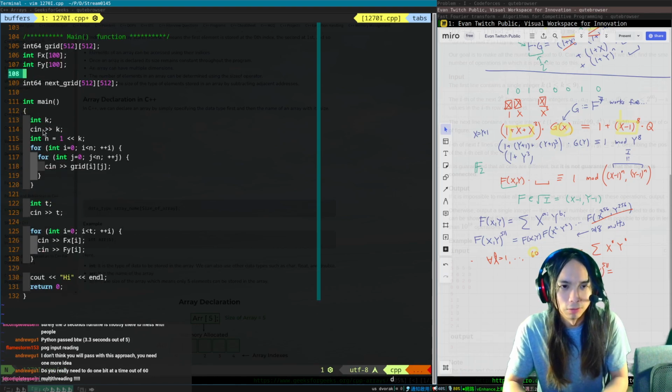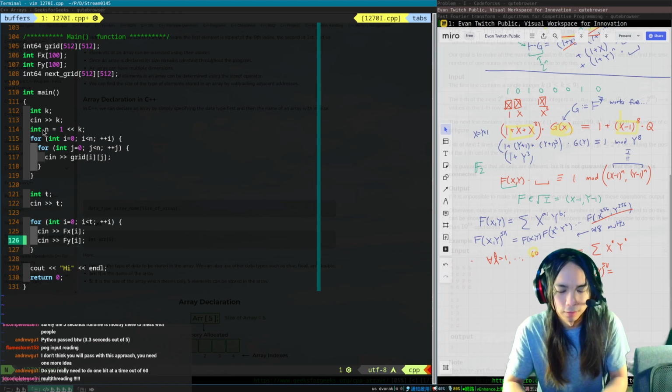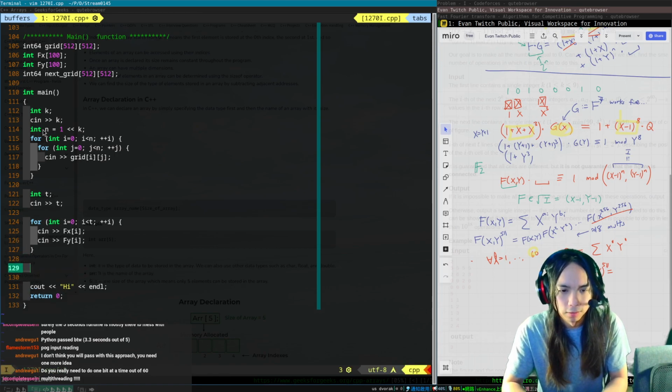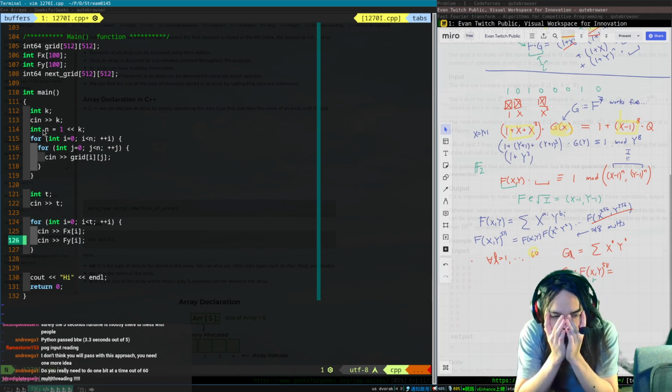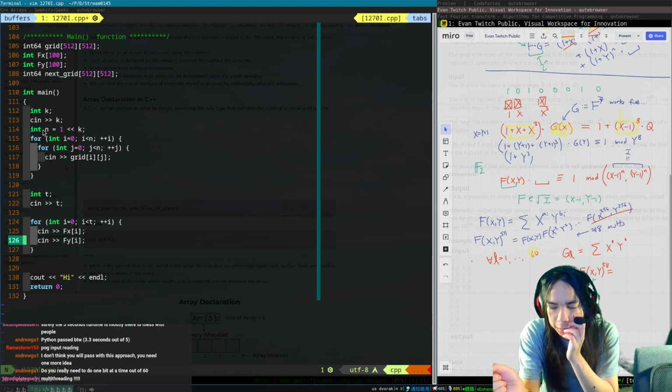Oh, okay. So we're going to make a thing called next grid, and then we will just, okay. Actually, wait. I need to think this through again. So I have the grid, and then for each thing from 1 to 9.